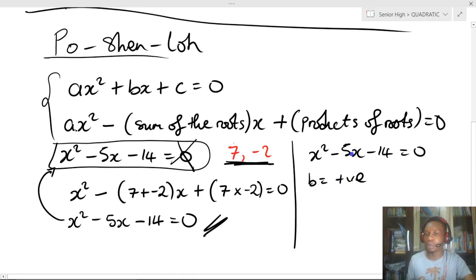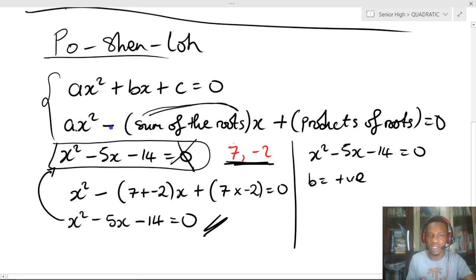The reason why our b was positive is that we know ax squared minus the sum of the roots. Look at it here: for you to get minus 5x, the sum of the roots has to be 5.